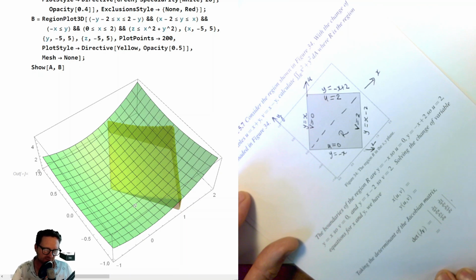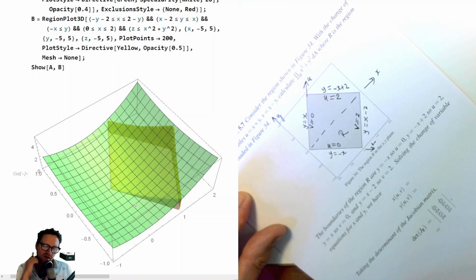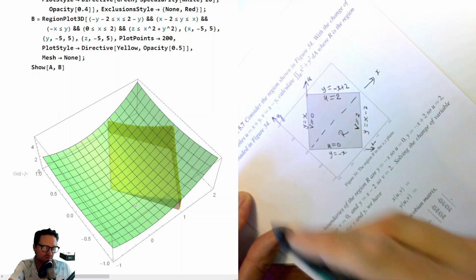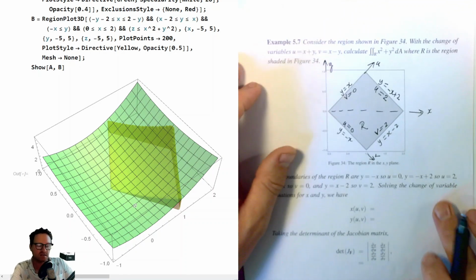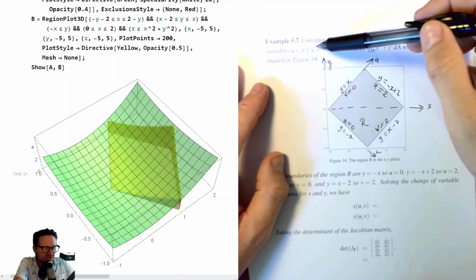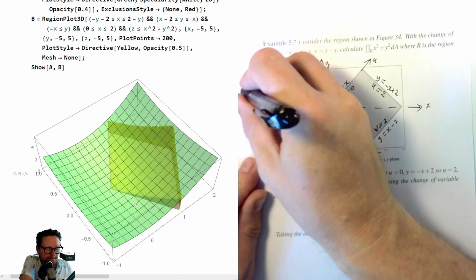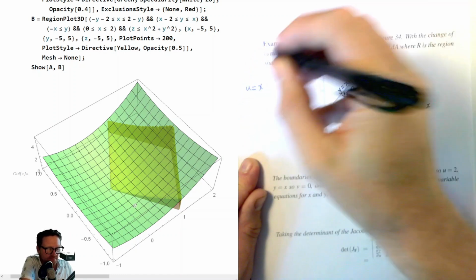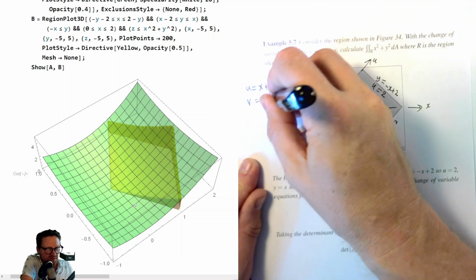Okay, so to begin with, we need expressions for x and y in terms of u and v. So what we want to do is take these two equations. I better turn this right side. Okay, let's take these two equations and solve for x. So if we do that, we've got u equals x plus y and v equals x minus y.